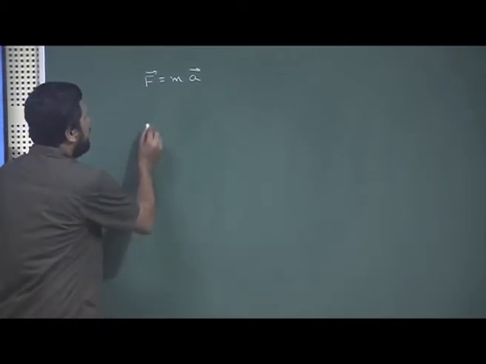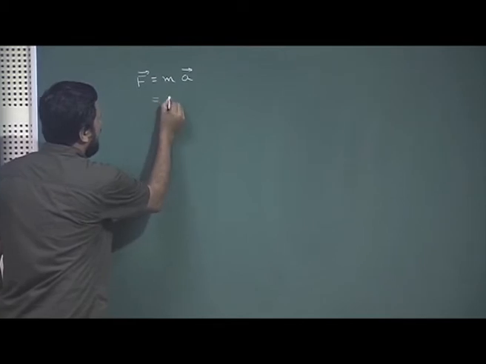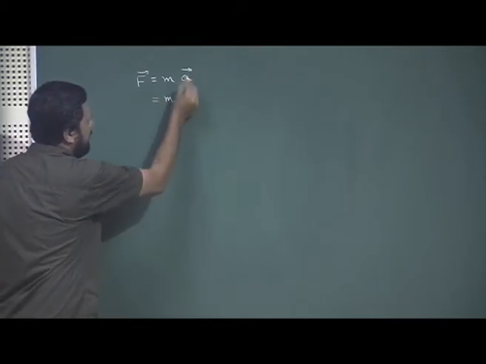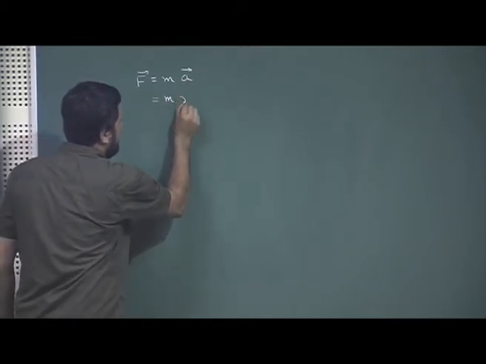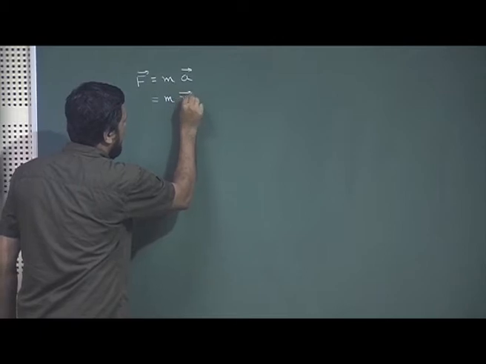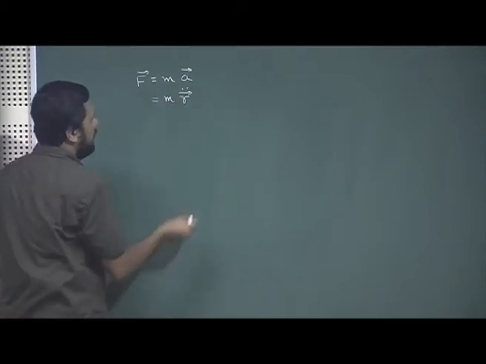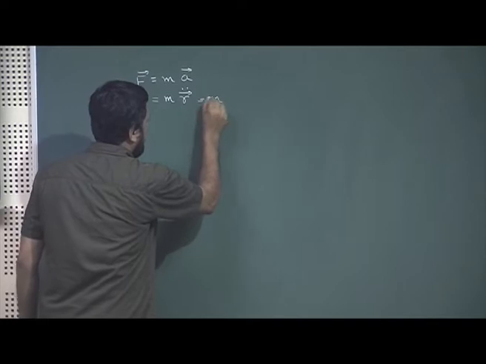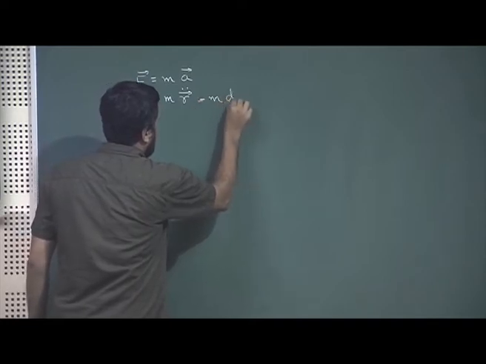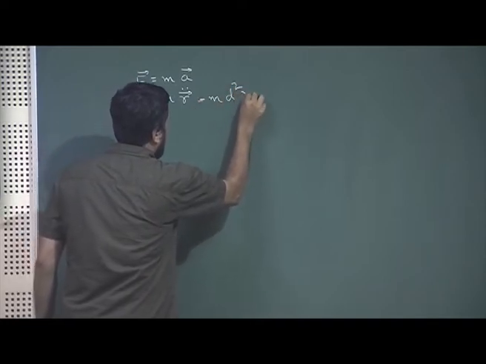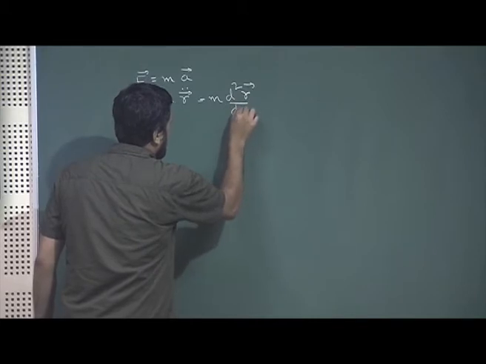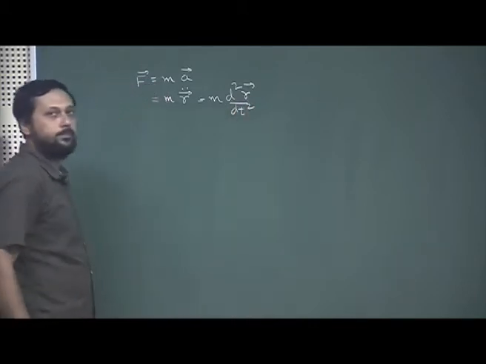Now if we break this term, we know that a is nothing but r double dot, which essentially means m d2 r by dt2.